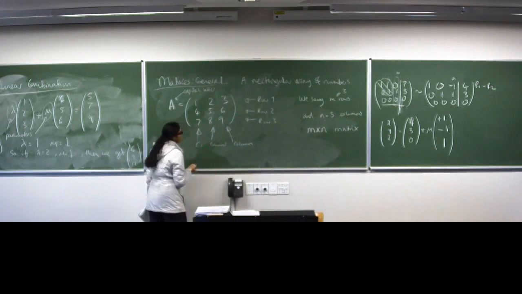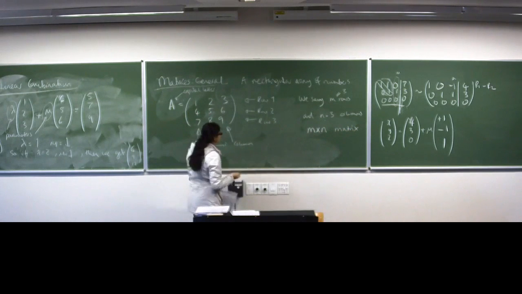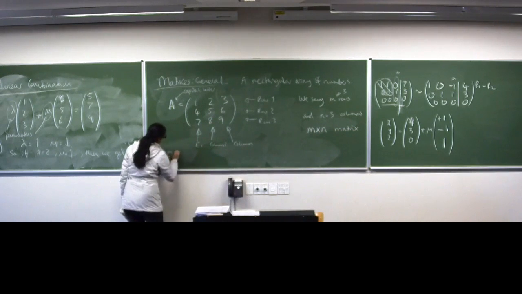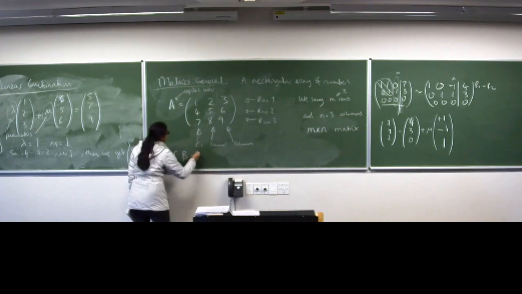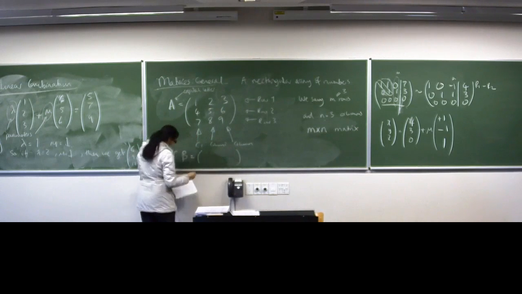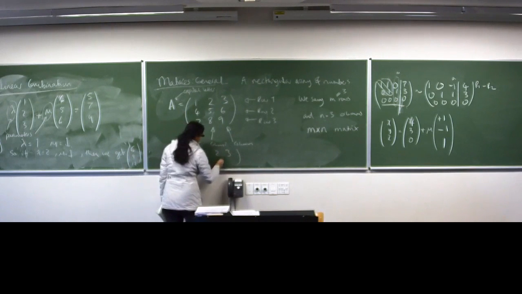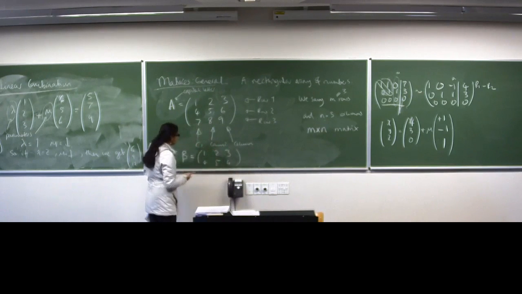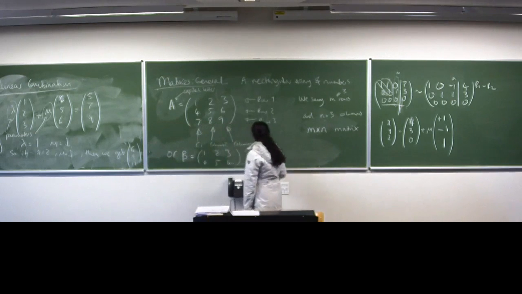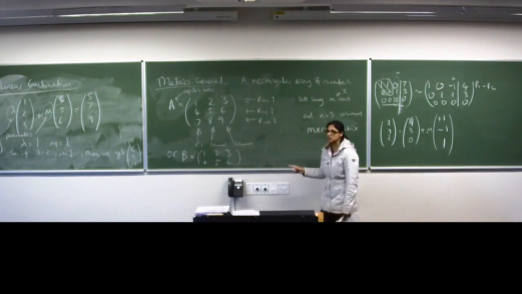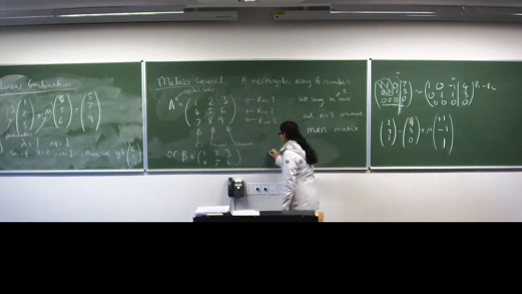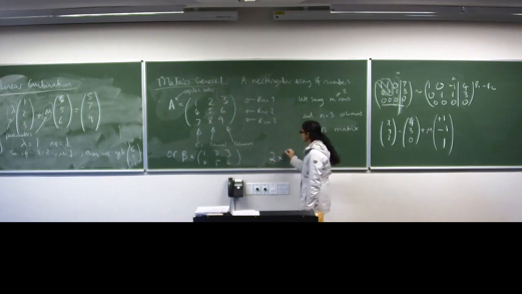So therefore, when I look at another matrix, let's say B, right? Let's give it 1, 2, 3, 4, 5, 6, some values. So this here is again, how many rows? 2 rows, right? And it's 3 columns.